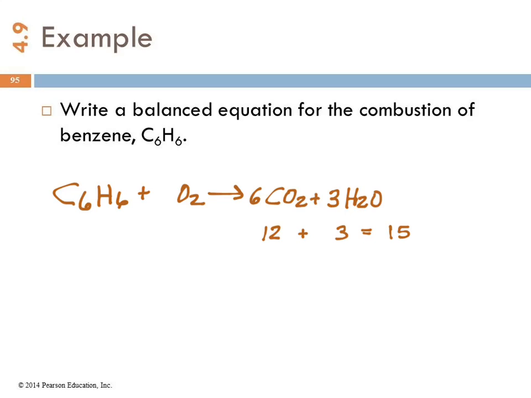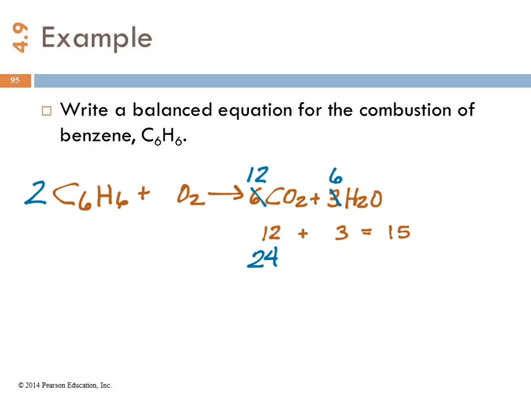What happens to an odd number if you double it? It becomes an even number. So what we're going to do is double everything, except the oxygen, which we haven't given a number to. So we're going to double that, we're going to double this, and we're going to double that. Now, under CO2, we have 24 oxygens.